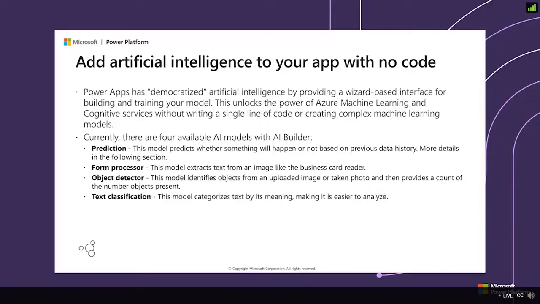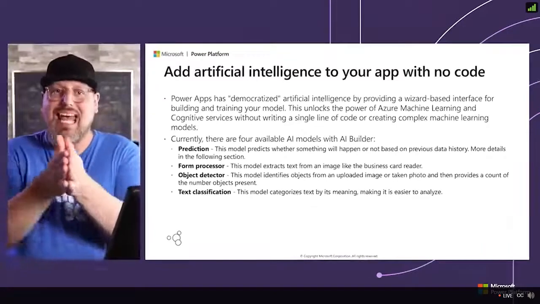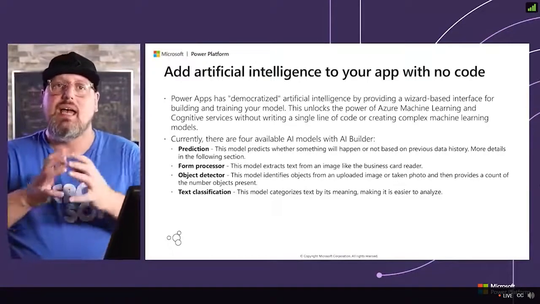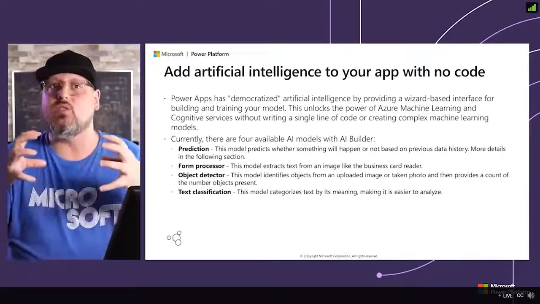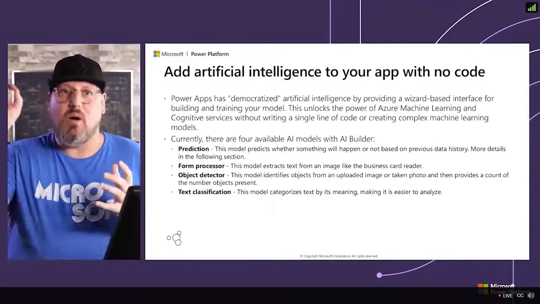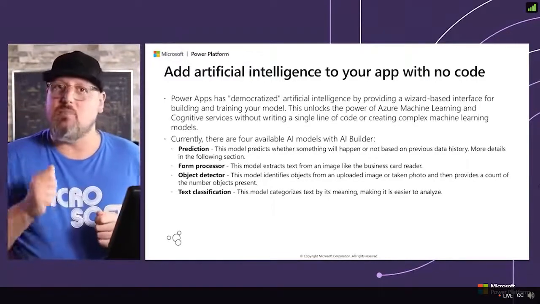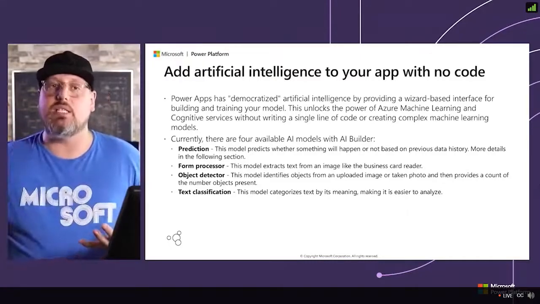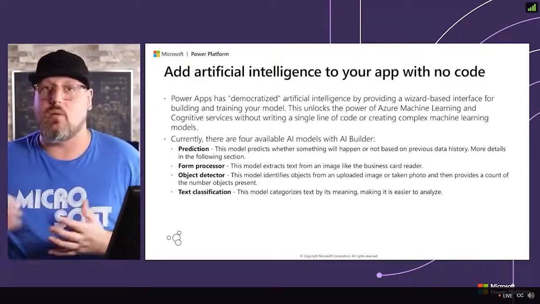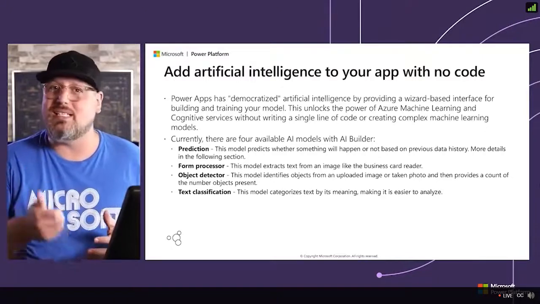And this AI Builder capability is very important because not only does it live within Power Apps, you have a button to say, hey, I want to scan a business card and extract the information of the business card and create a new contact into my CRM. You also have receipt processing.